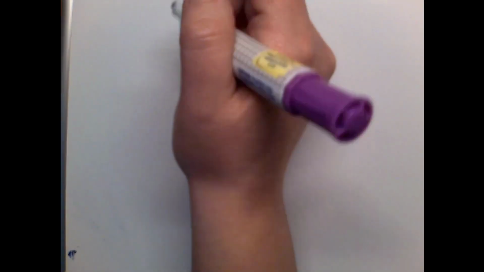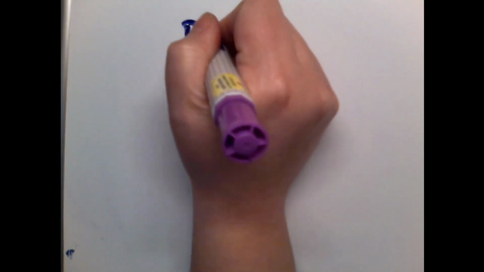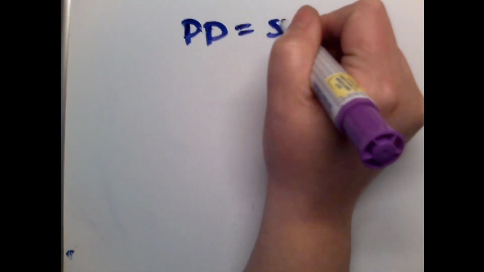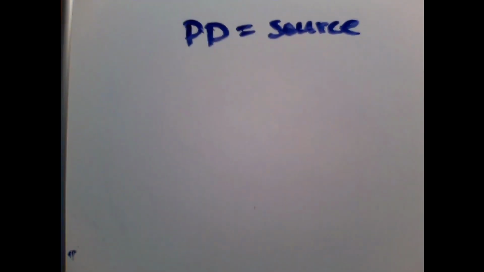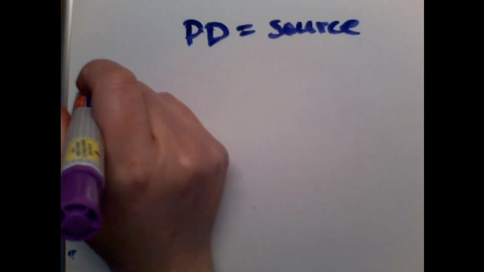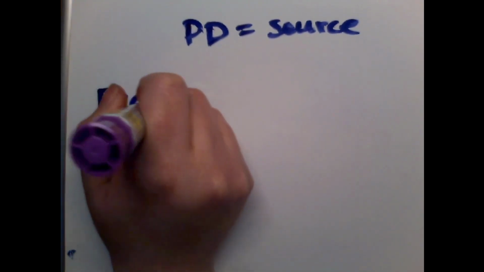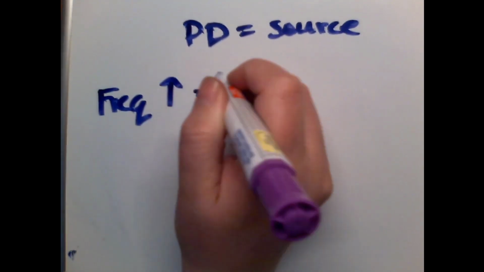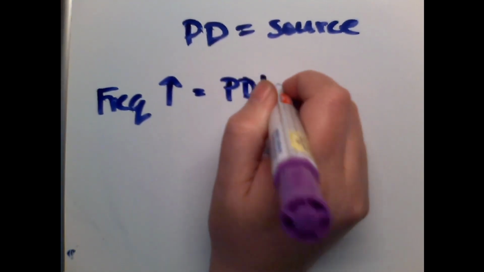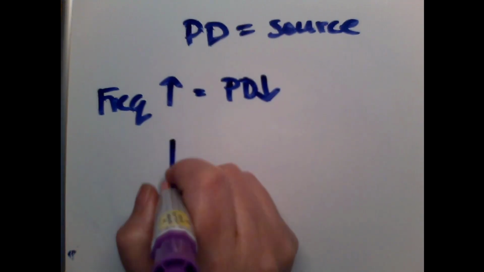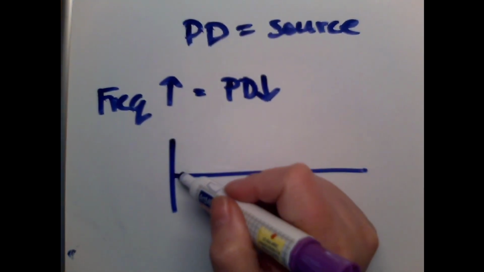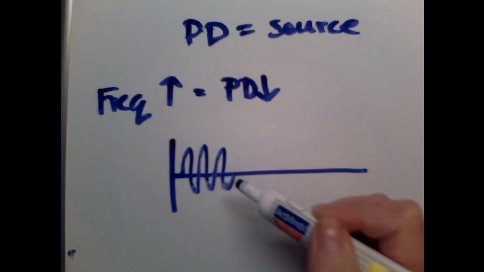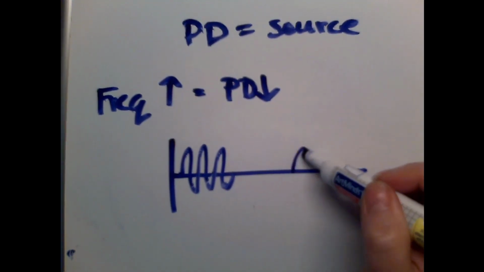So one of the things that I said is that pulse duration is determined by the source. And that is because a lot of the factors that go into pulse duration are also determined by the source. We said that when frequency increases, pulse duration is going to decrease. And so when we think about it, when we have high frequencies, we have short wavelengths, right?